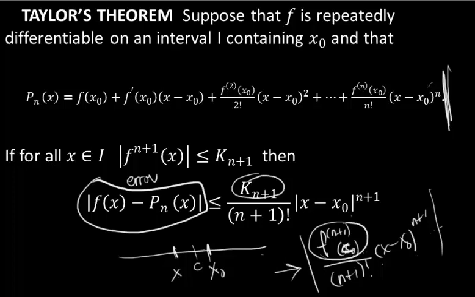The entire rest of the series, the part that you cut off, is the n plus first derivative at some value of c between x and x naught. Well, we're not going to try to find that c. We're using a little weaker version of Taylor's theorem and just saying, hey, if you can get an upper bound on it, we'll be happy to just get an upper bound on the error.